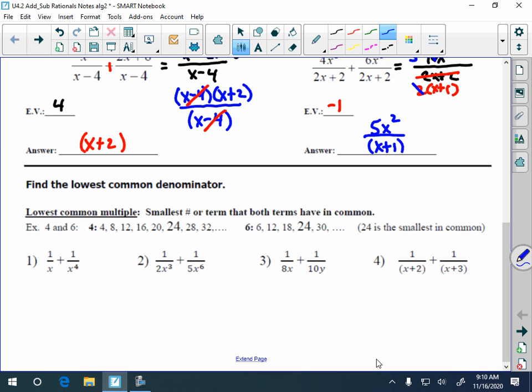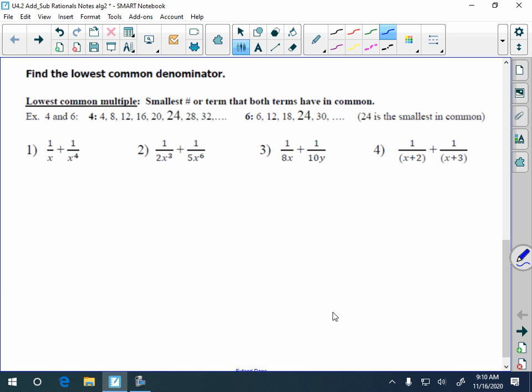All right, so let's look at some of these other ones with variables. With variables, we're going to be looking at monomial terms and binomial terms. With monomial terms, you look at the variables, and if they're exactly the same variable, like both x's or both y's, then you look at the exponents. The highest exponent is the one you take for the lowest common denominator.